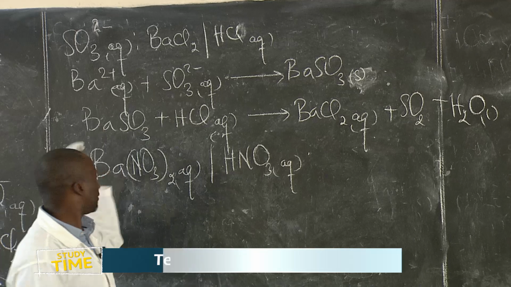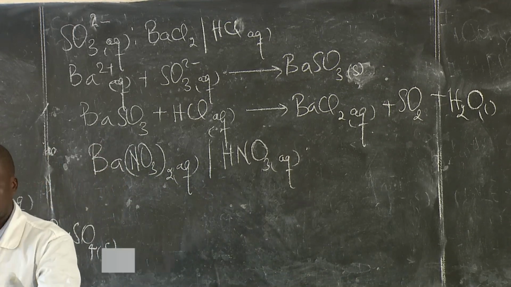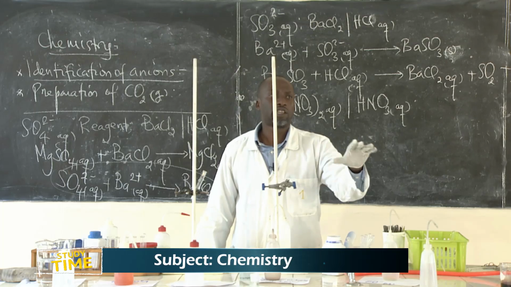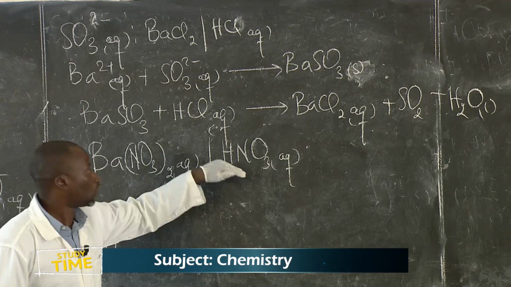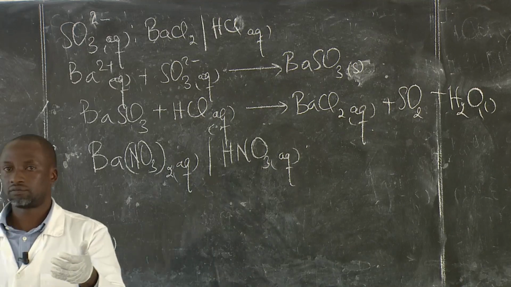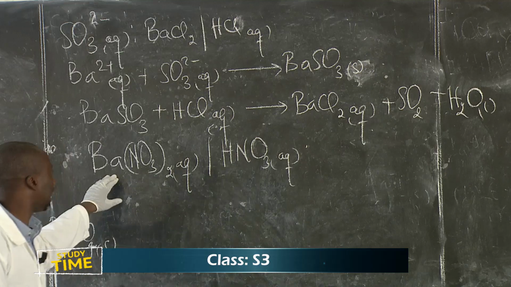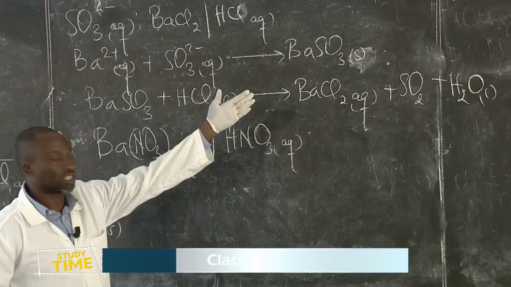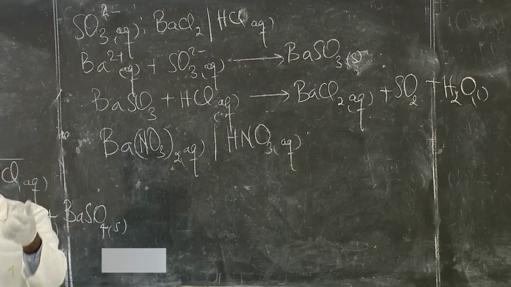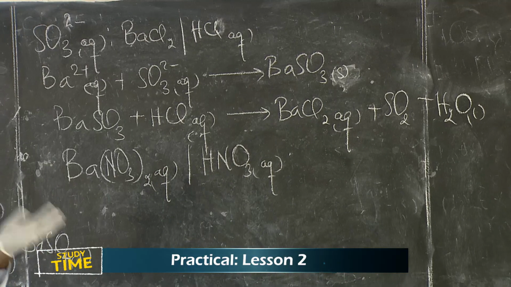So that means if we use barium nitrate and nitric acid and we react it with the sulfate, the white precipitate persists even when we add nitric acid. When it is a sulfite and you add barium nitrate, the precipitate of barium sulfite will form, and when you add nitric acid, still the precipitate will disappear.